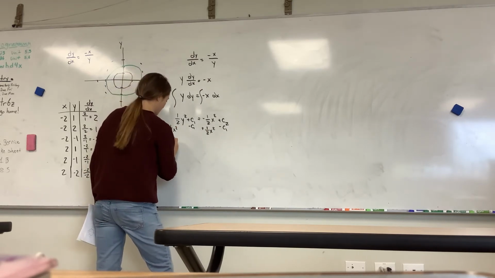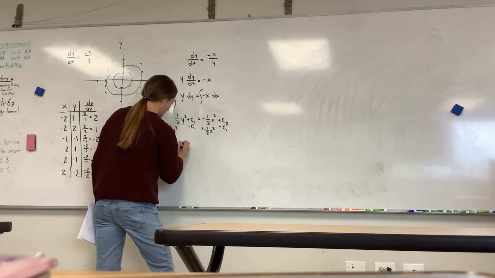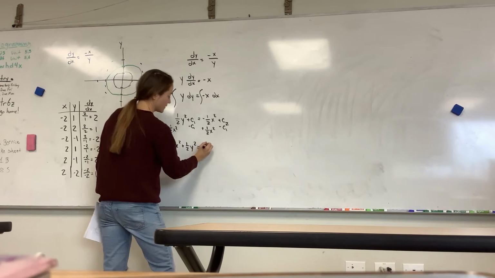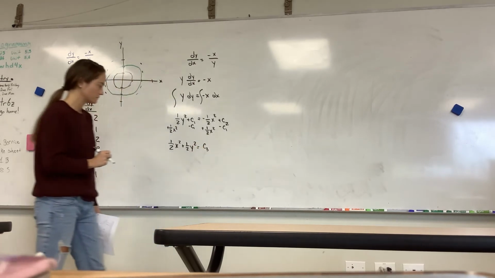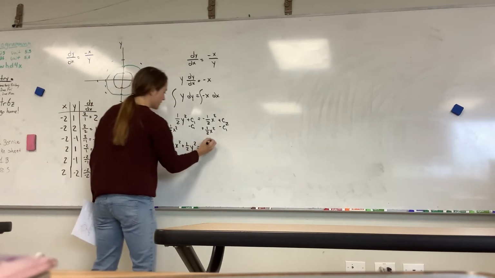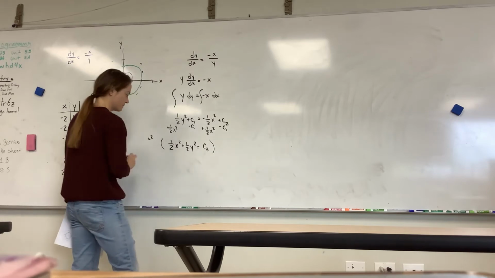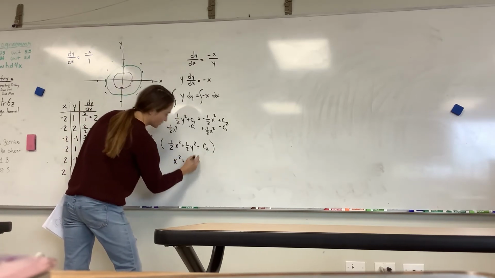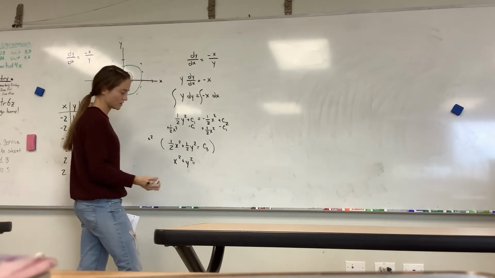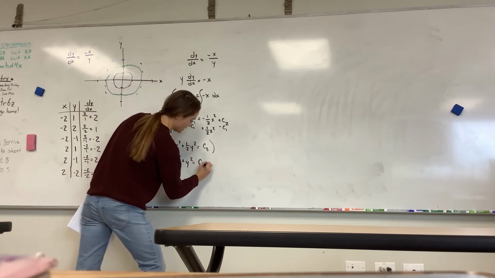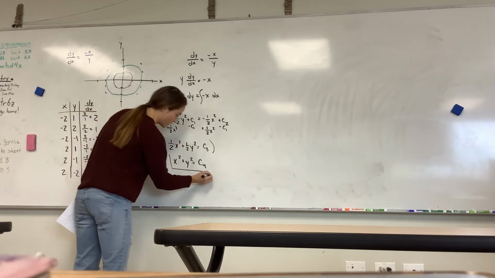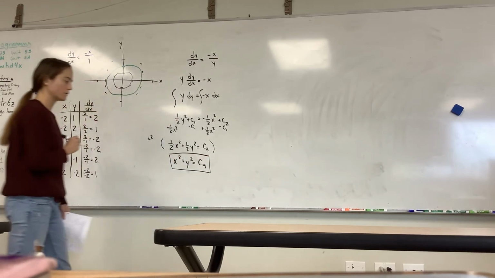So I get 1/2 x squared plus 1/2 y squared equals some unknown constant c3. I can go ahead and multiply the whole thing by 2. So I get x squared plus y squared equals 2 times c3, which is an unknown, so I'll just say c4. And I'll be darned, that is an equation for a circle.